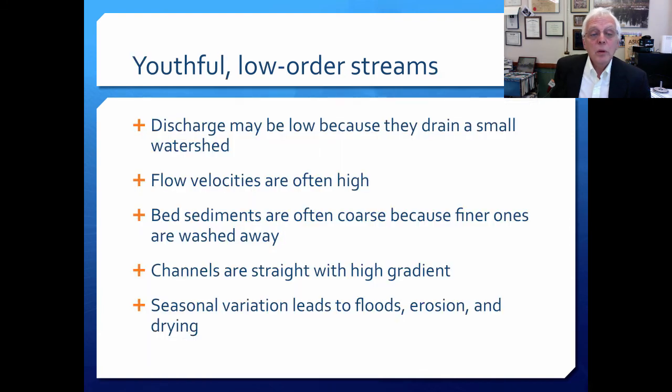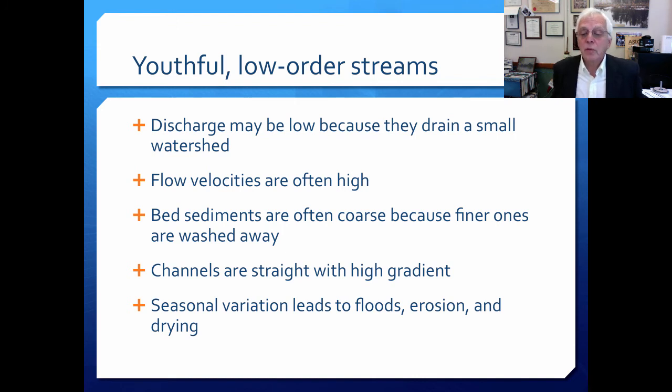In youthful low-order streams, the discharge may be low because they drain a small watershed, but flow velocities are often high. The word watershed I use interchangeably with catchment, although they aren't perfectly identical. But where watersheds and catchments are small, they oftentimes collect little water, but flow velocities can be rapid in those youthful low-order streams.